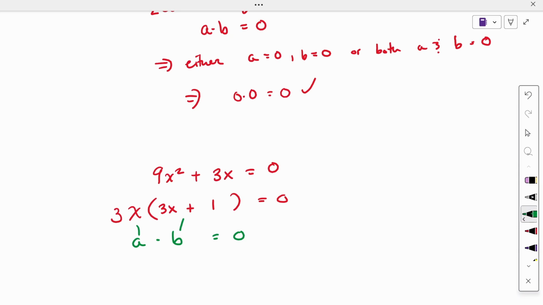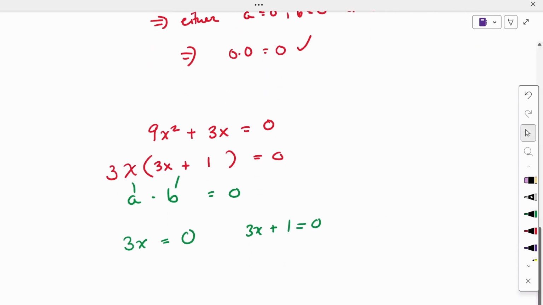So indeed 3 times x and 3x plus 1 are just numbers, and because that's the case, when they're multiplied together and set equal to 0, that means that the first value, this A, 3 times x, could be equal to 0, or possibly the 3x plus 1 is equal to 0, or they're both equal to 0.